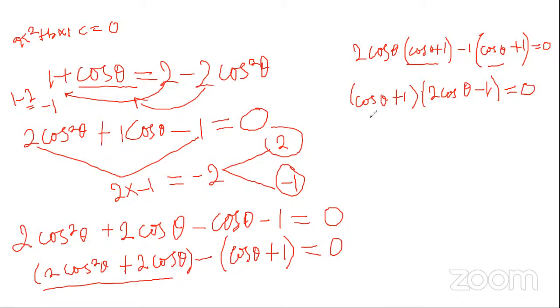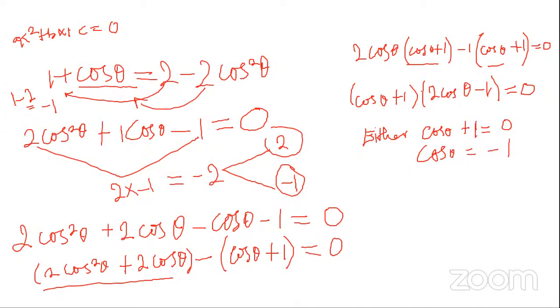So here we can say either the first bracket is equal to 0: cos theta plus 1 is equal to 0. So when it crosses the equal sign, it becomes negative 1.